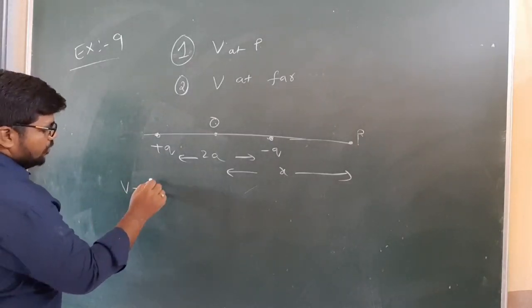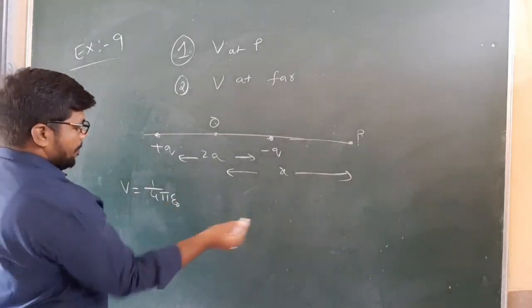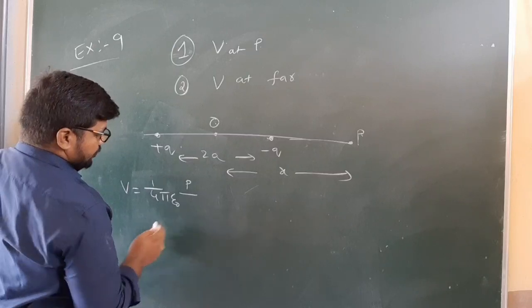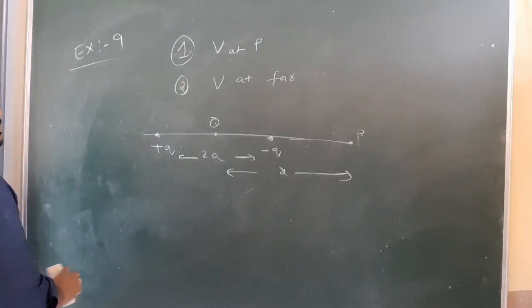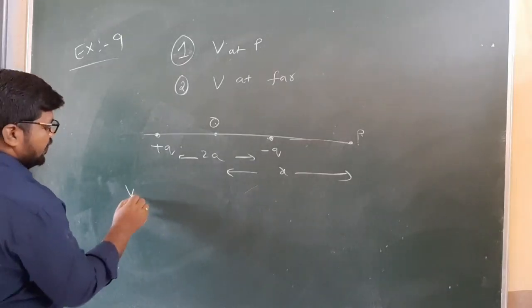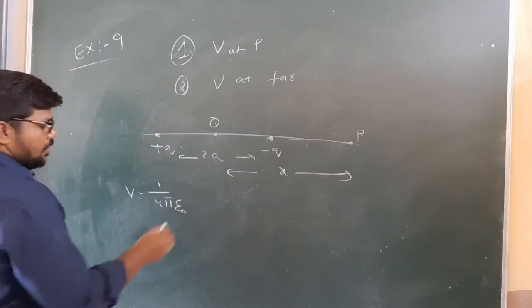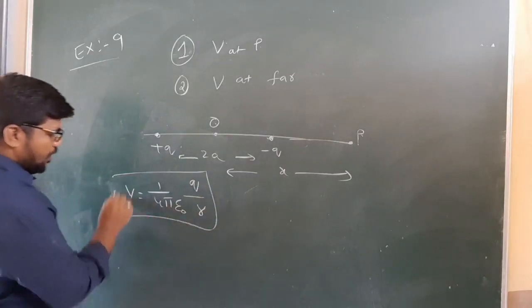V is equal to 1 by 4 pi epsilon naught Q by R. So this is the general formula.